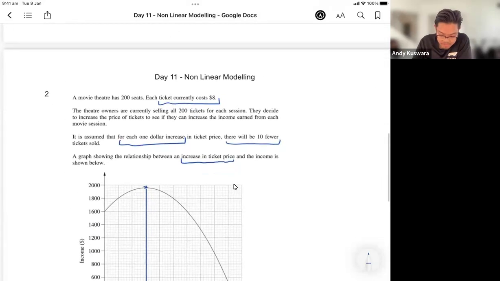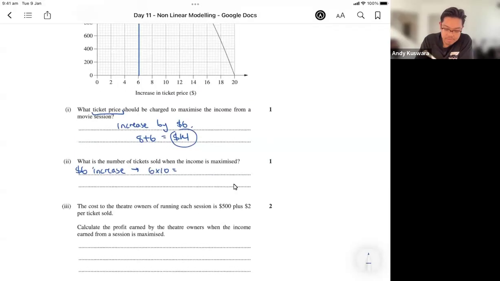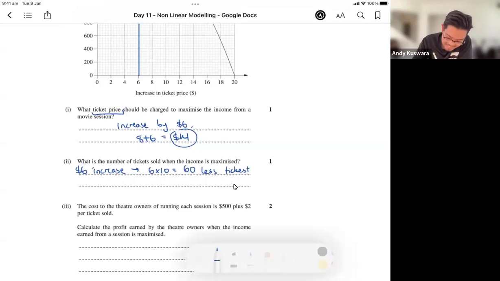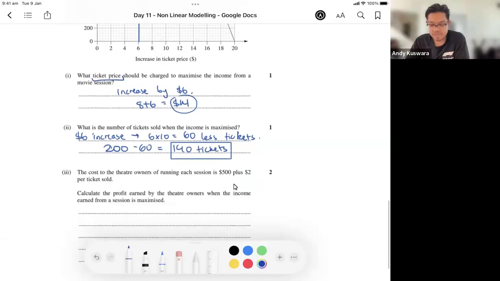If it's a $6 increase, 6 times 10 is 60 fewer tickets. So we started with 200 and we take away 60. That's going to be 140 tickets. That's your 2 marks.